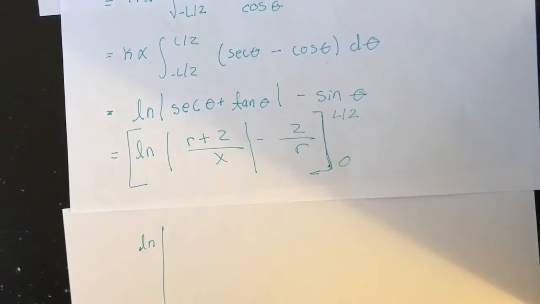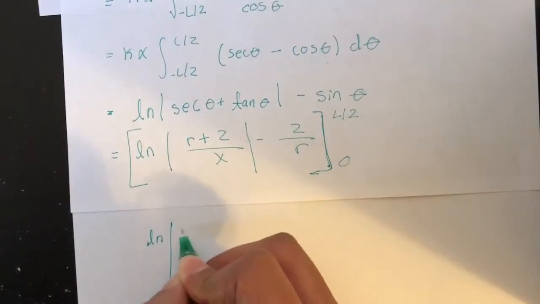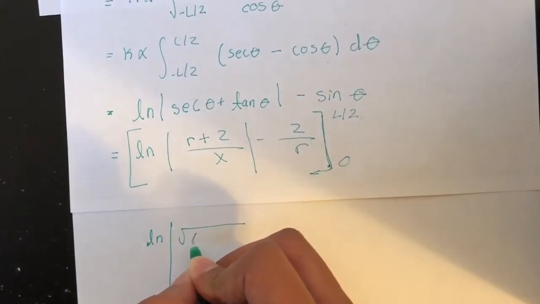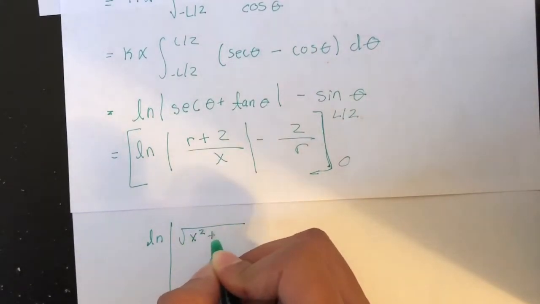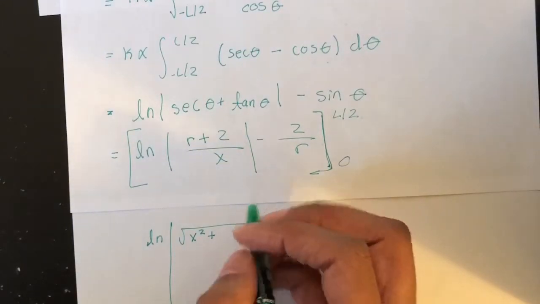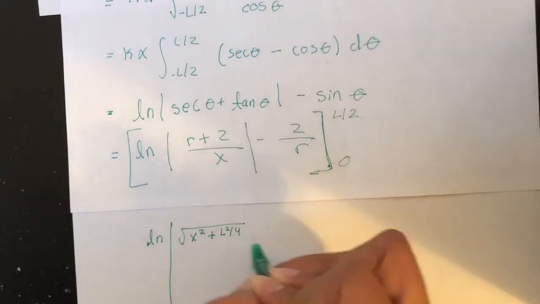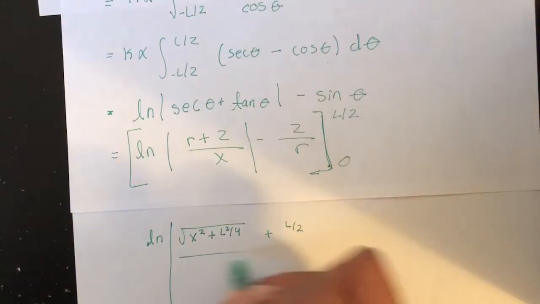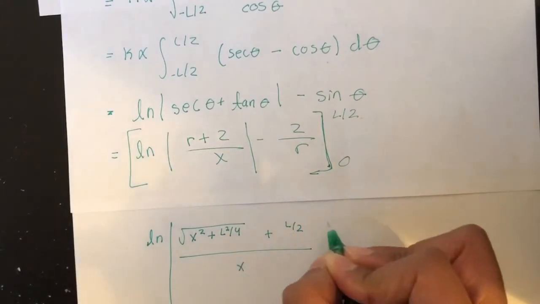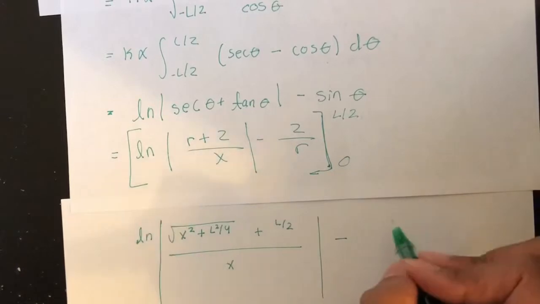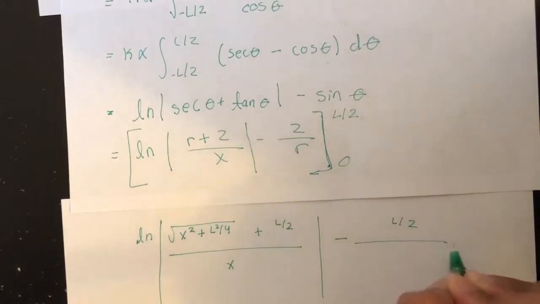So x squared plus z squared. We're integrating, so z is going to be L over 2, so it's L squared over 4. And then x, and then L over 2. And then r, same.